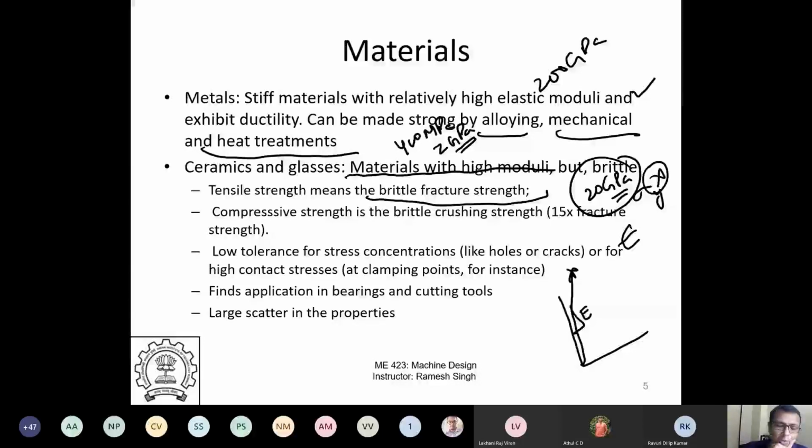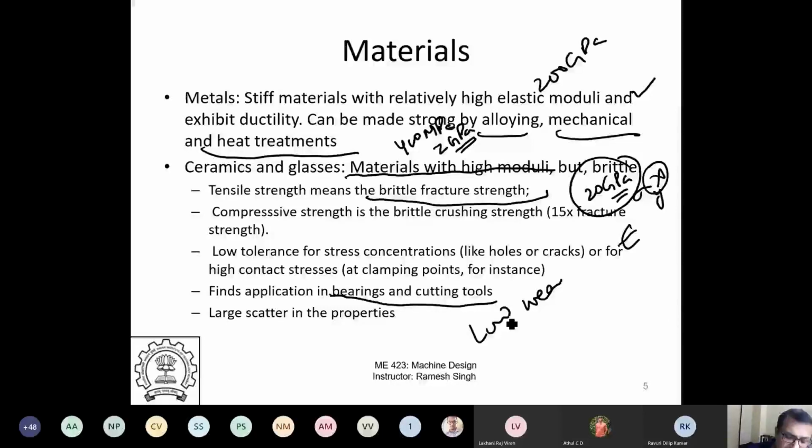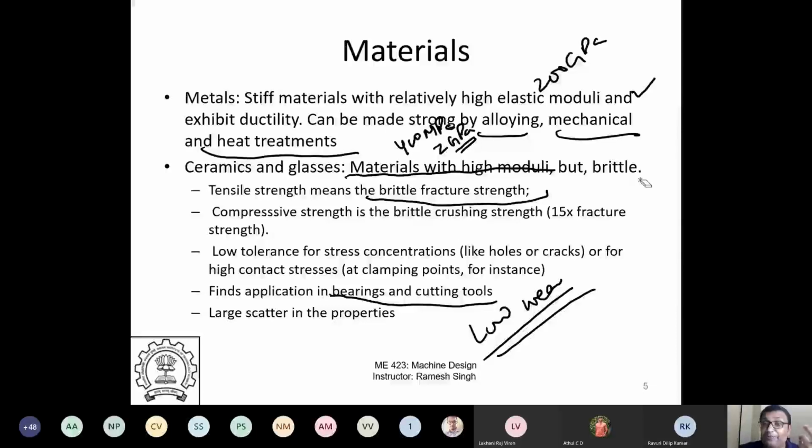It has low tolerance for any hole or crack; the crack will just propagate and fail. It has good application in making bearings and biomedical implants, where you want low wear. They're extremely hard, so wear will not be there. So you can make tools and bearings out of it. Very high speed bearings are ceramic bearings.